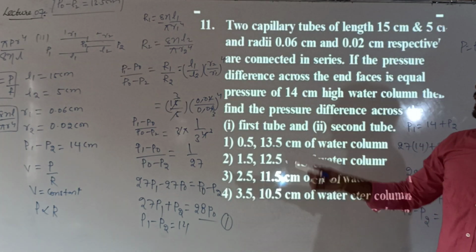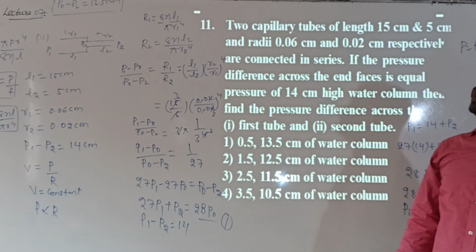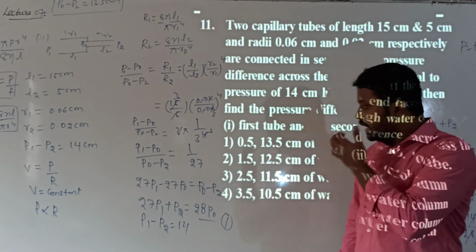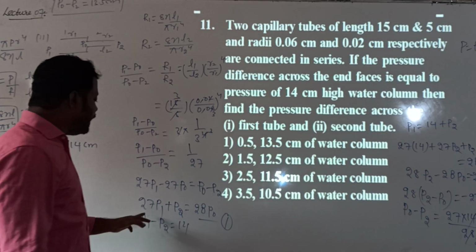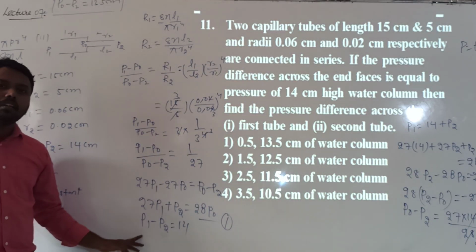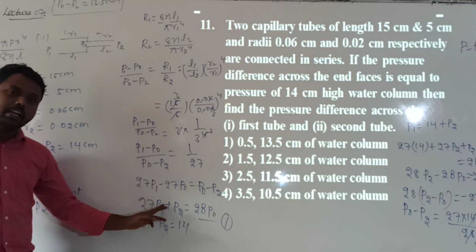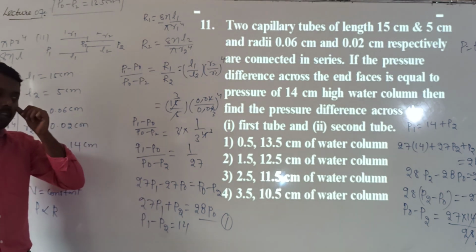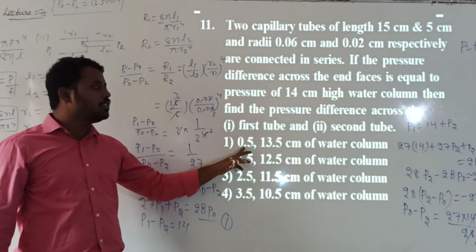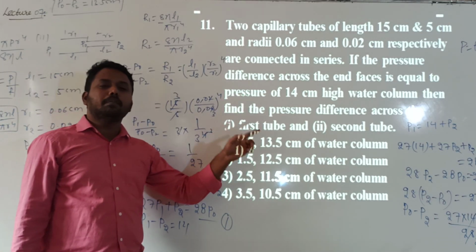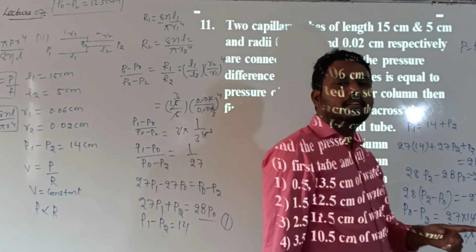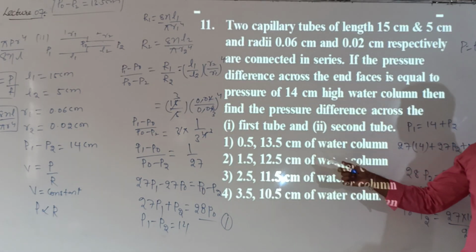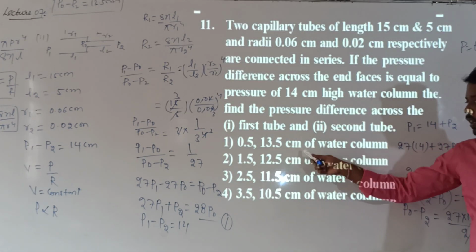Then by substituting the P0 minus P2 value 13.5 here in this equation 1, I eliminated P1, then I got P2 minus P0. If I eliminate P2 I will get P1 minus P0. That P1 minus P0 value you can substitute now. If you substitute that you will get the answer of 0.5. So the pressure difference across the first tube is 0.5, across the second tube it is 13.5.